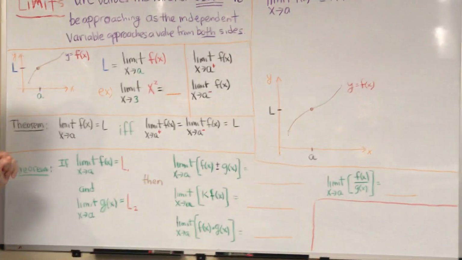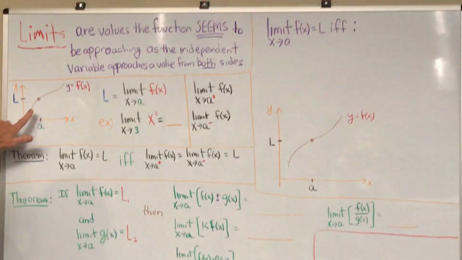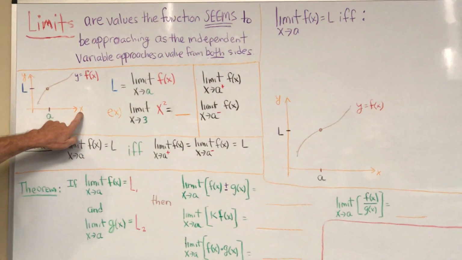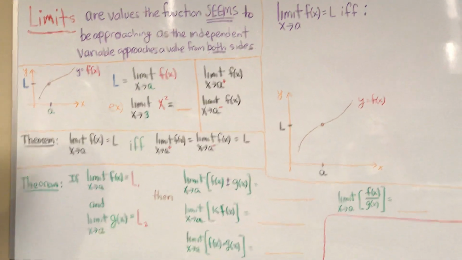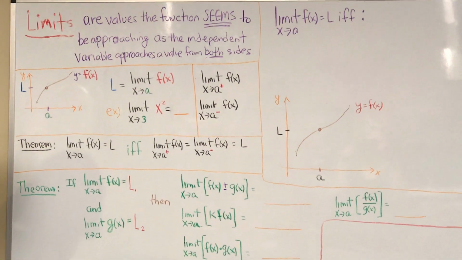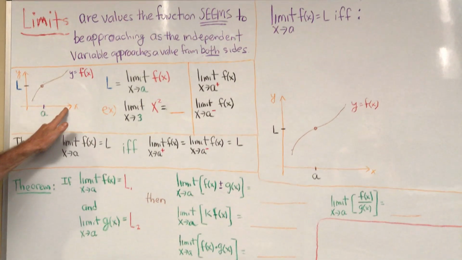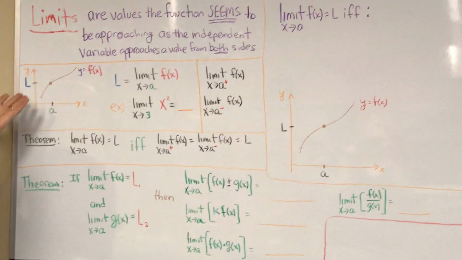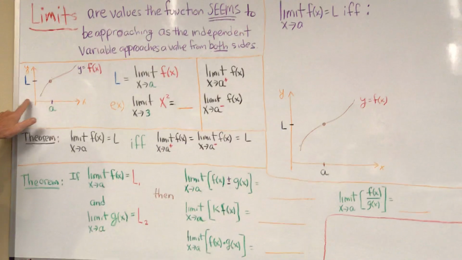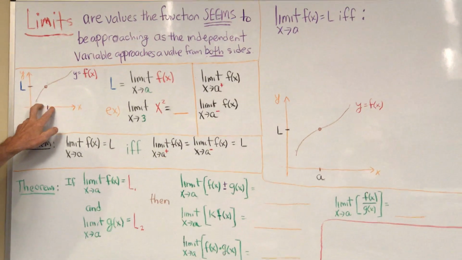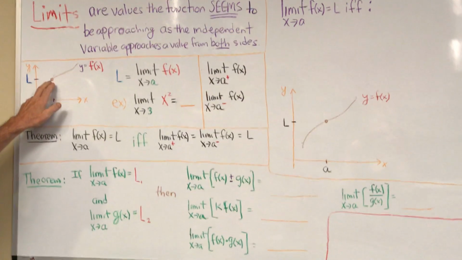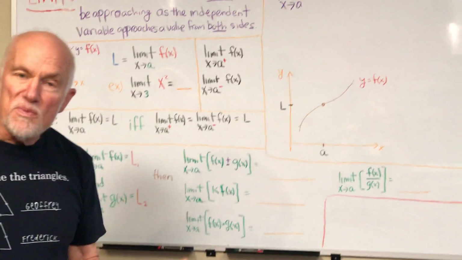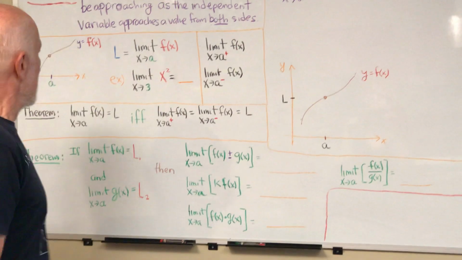So all that's really saying is if you've got a function y equals f of x, where x is the independent variable and y is the dependent variable, what we're trying to do is saying as x gets really close to this value a, which might be 1 or 2 or 3, who knows, from both directions, as you start to get closer and closer, what does the function value, what does the y value seem to be approaching?